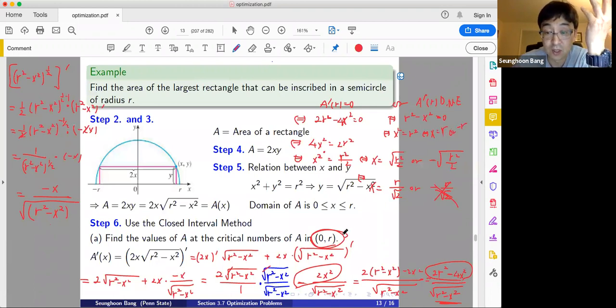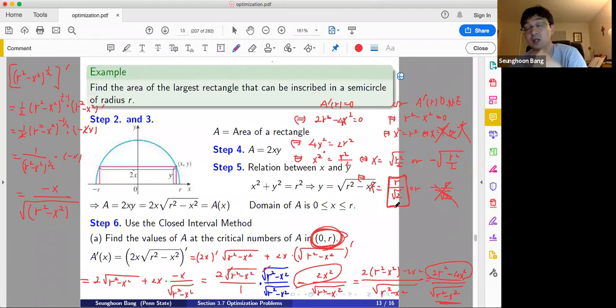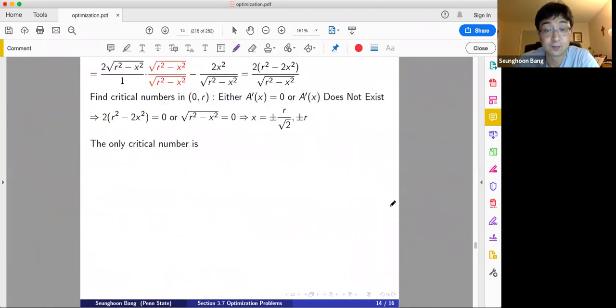What's the domain? Only the open interval 0 to r, and minus r is not in the domain. So what does it mean? We have only one critical number, r over root 2. So this is like step up. We have r over root 2, like this.